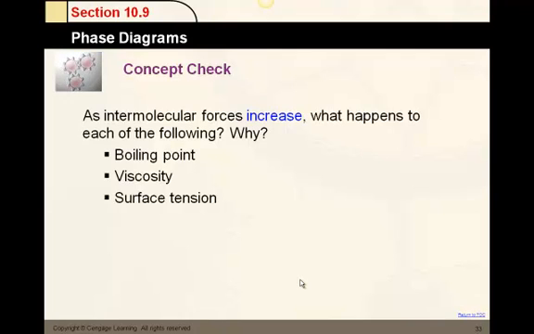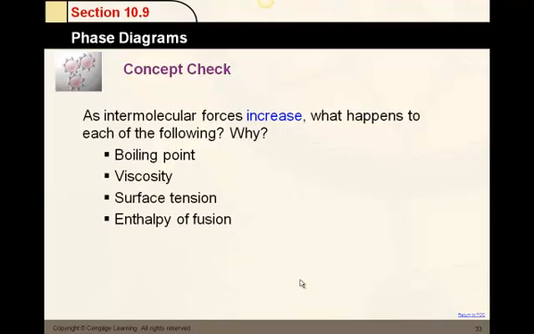Think about nail polish remover or astringent or rubbing alcohol. These kinds of materials are very watery and thin. In fact, when they hit our skin, they're often very cold to the touch because they become a vapor so very quickly. That's because they have a weak intermolecular force. So, as intermolecular force increases, all of these things so far are increasing.